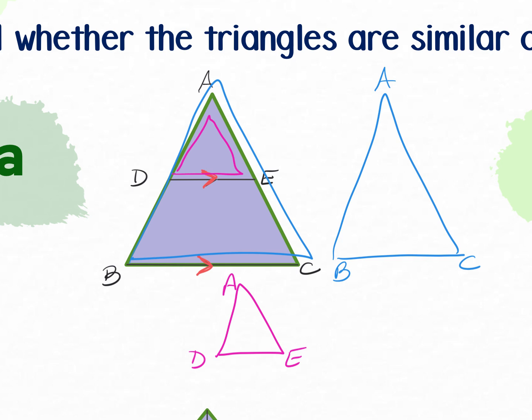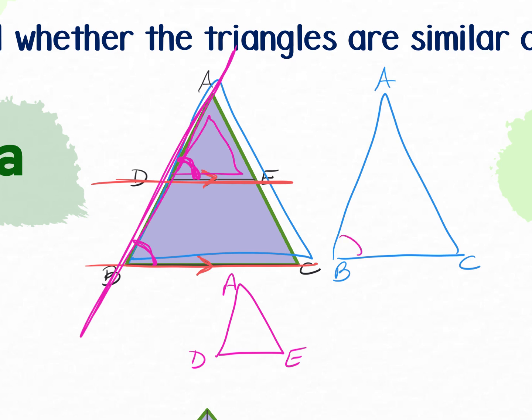Now, because I have parallel lines here, I know I can use the fact that this is parallel to this, and then I can say that this side over here is a transversal, making this angle here, this bottom angle of the little one, congruent to angle B down here, because these are corresponding angles and corresponding angles are congruent.